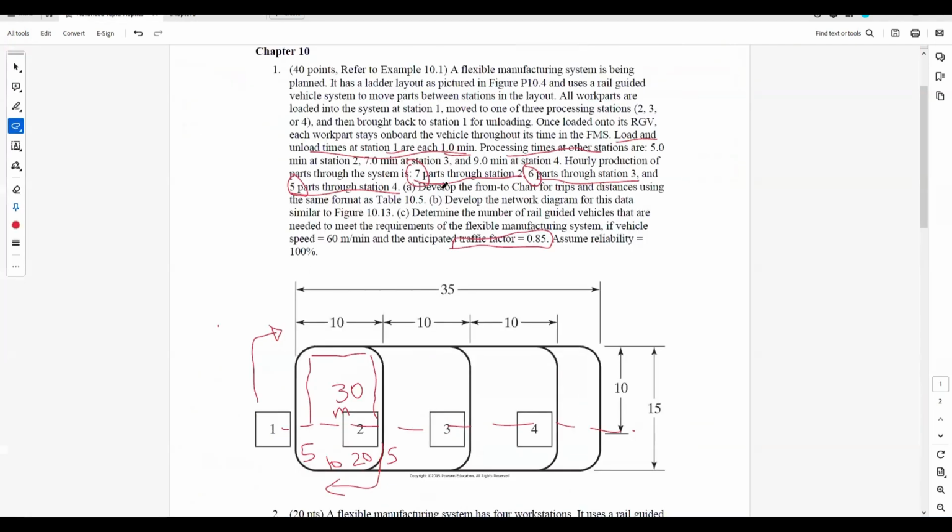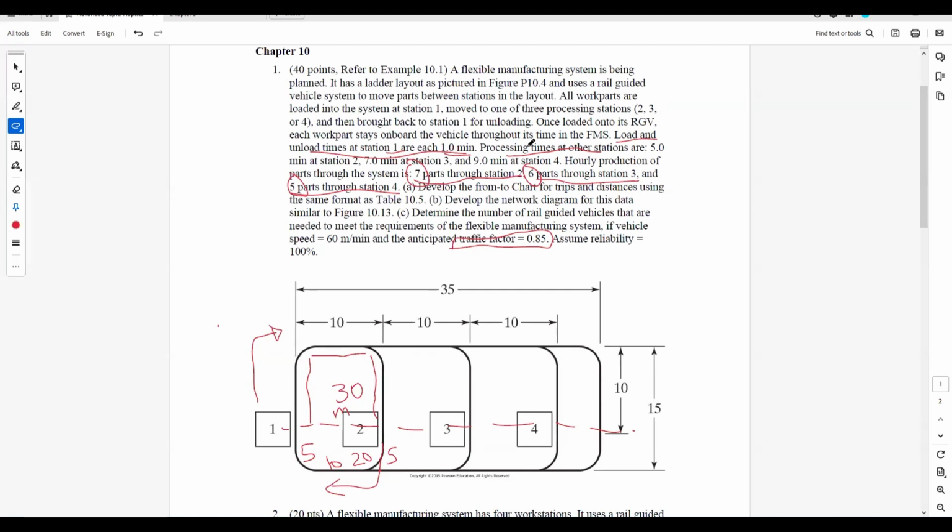Determine the number. So how many deliveries should we make? We can deliver 5.15.